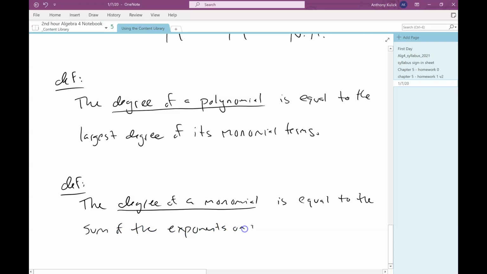So the degree of a monomial is equal to the sum of the exponents on its variables. So let's do some examples here to get comfortable with these two definitions.